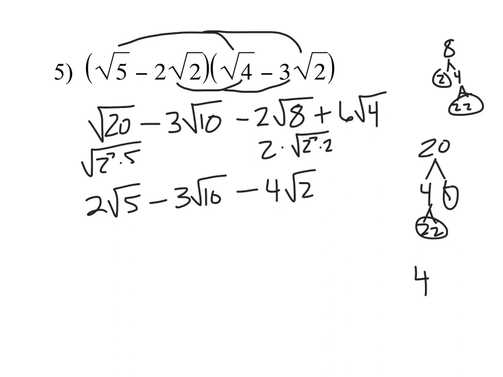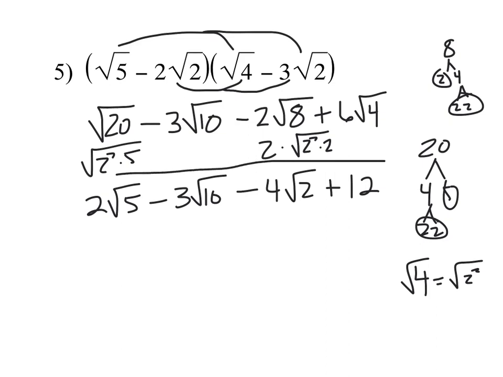And then the square root of 4 is the same thing as the square root of 2 squared. The square root of 4 is just 2. So that's going to be 6 times 2, which is 12. Now, if you look at this list of items, are there any like terms? No, there are not. That is your final answer.